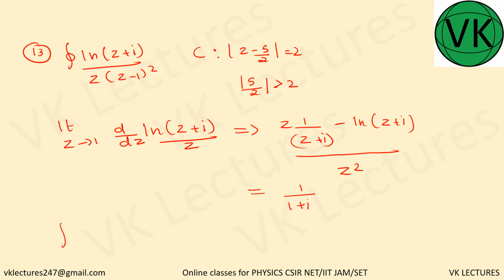So closed integral f(z) dz is equal to 2πi into 1/(1 + i).